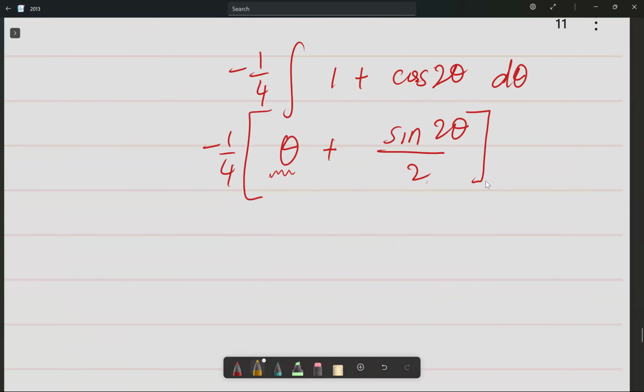Down here, we're going to have theta over 4 minus sine 2 theta over 2, which becomes 8.